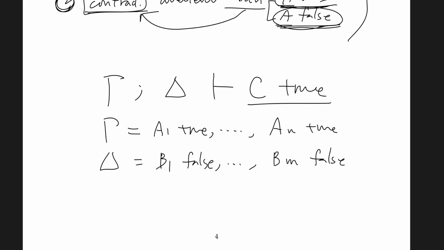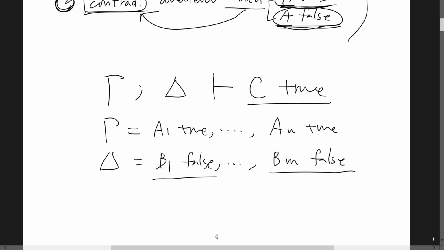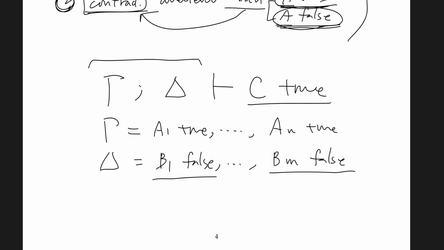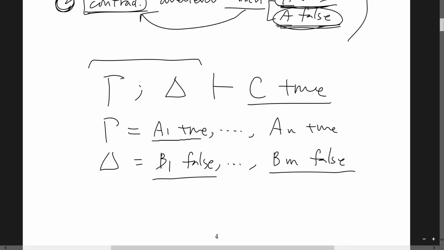We only use false judgment as assumptions. So these are basically hypotheses, right? So we can make assumptions of a truth judgment, as in gamma, and we can also make assumptions of a false judgment using this context delta.